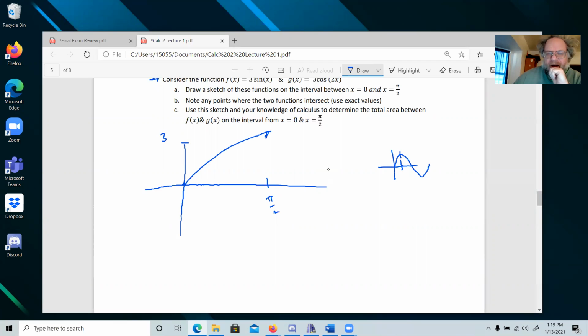All right, now what does cosine look like? Cosine, right, looks like this. That's how you can tell, right? If you take the derivative of cosine, it's got a negative sign. The derivative of cosine is equal to negative sine. And if you start looking at where its slope is, it's got a negative slope when it first starts off. So that's a way to remember, like, oh yeah, cosine is negative sine.